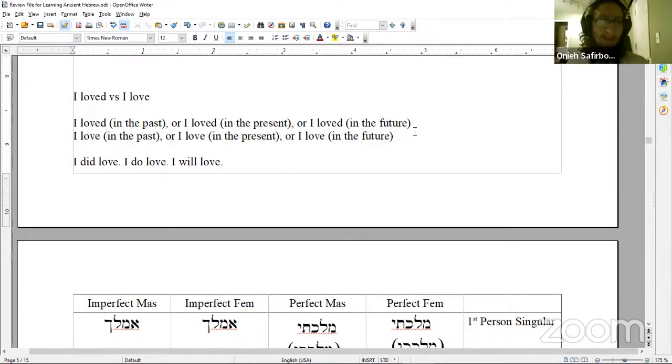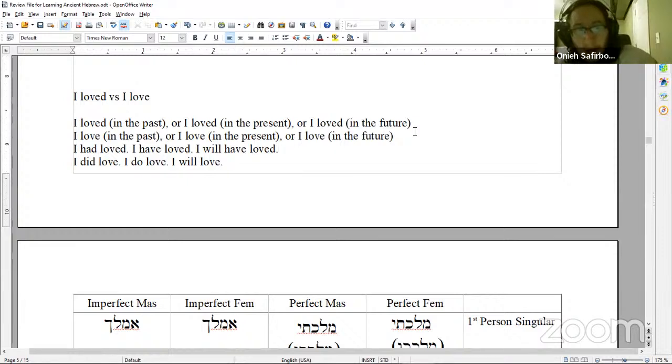See how I did love is in the past. I do love, it's in the present. And I will love, it's in the future. And likewise, for loved, I had loved, I have loved, I will have loved. Okay, so those are the two forms we have for perfect and imperfect, and that's the way it works.